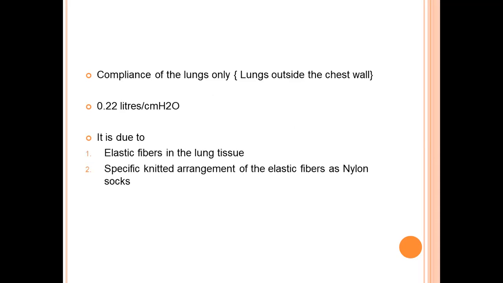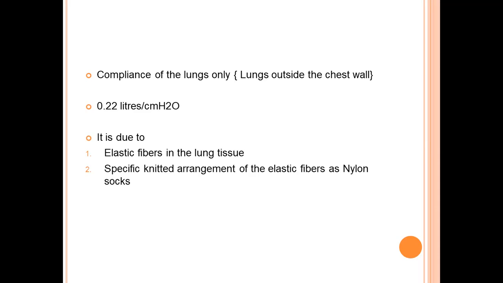If you consider only the compliance of the lungs, the expansibility of the lungs alone, it is found to be somewhat more than the combined. It is around 0.22 liters per centimeter of water. Why is it more? Because lung tissue itself is formed of elastic fibers, we all know. But these elastic tissues are specifically arranged in a knitted manner.